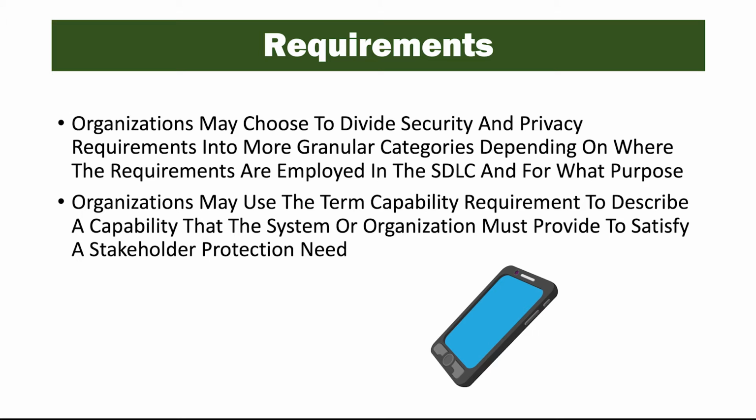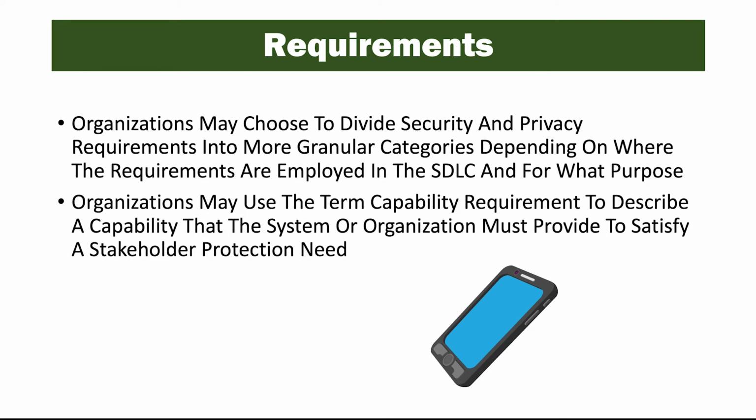Organizations may choose to divide security and privacy requirements into more granular categories depending on where the requirements are employed in the system development lifecycle and for what purpose. Organizations may use the term capability requirement to describe a capability that the system or organization must provide to satisfy a stakeholder protection need.